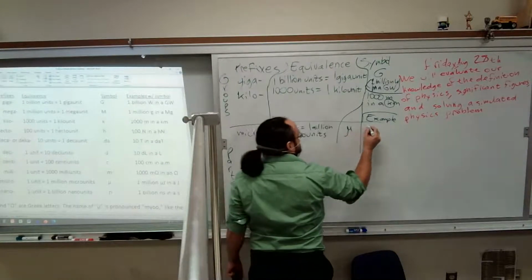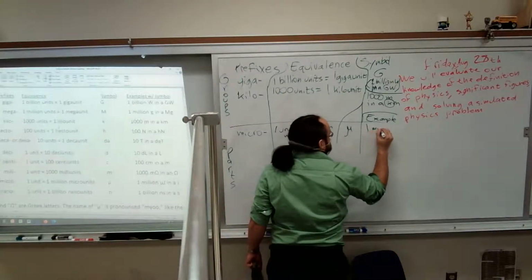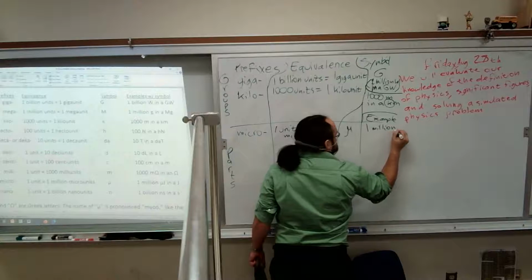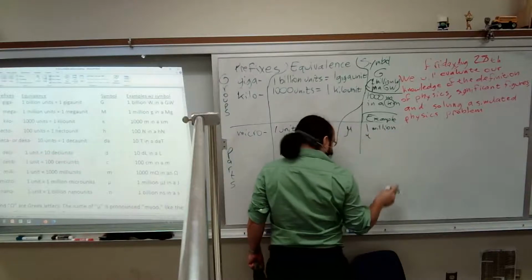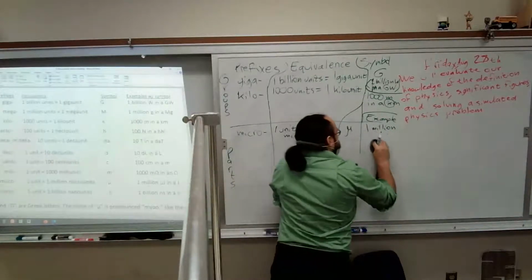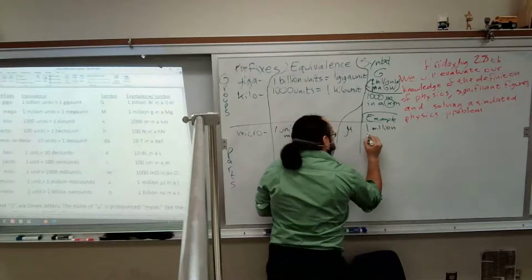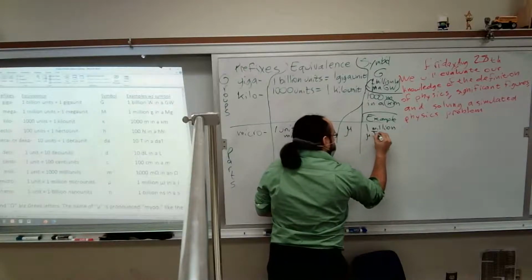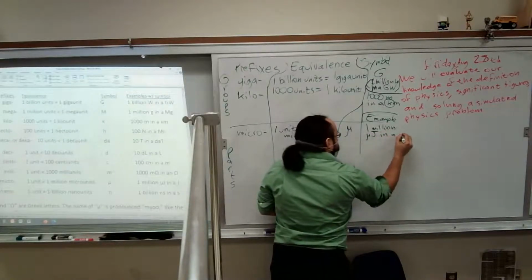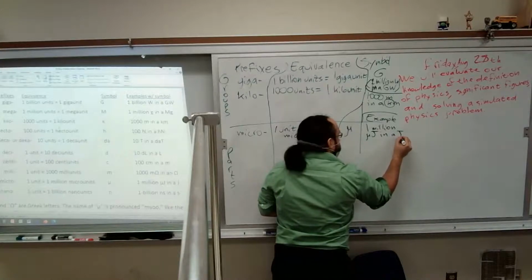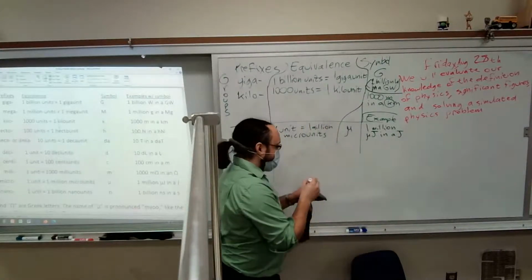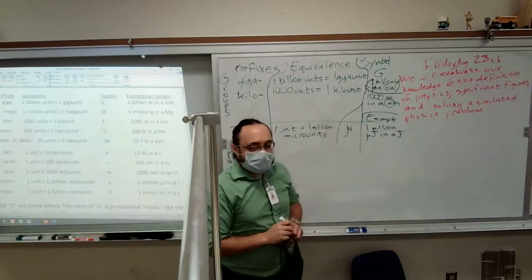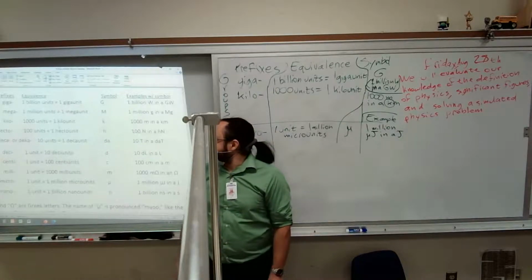So like the example I used is 1 million microjoules in a joule. So like 1 microjoule would be 1/1,000,000th, or 10 to the negative 6 of a joule.